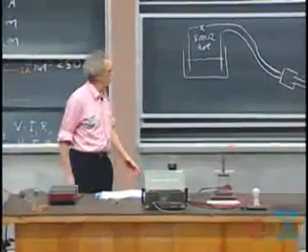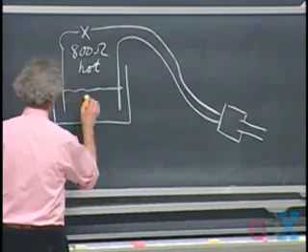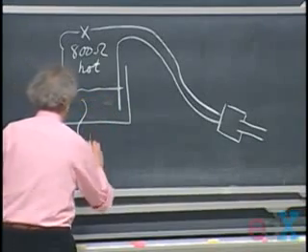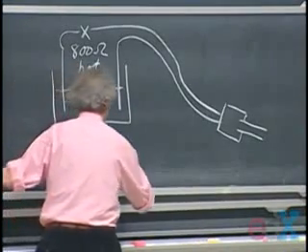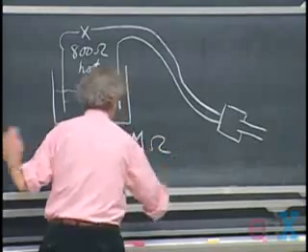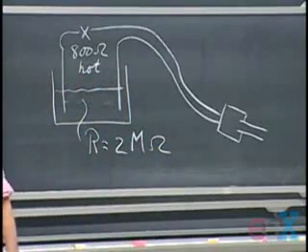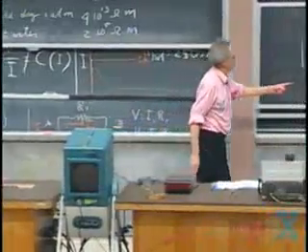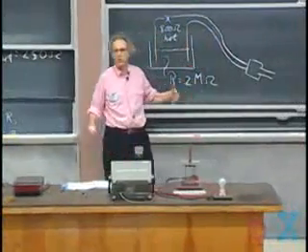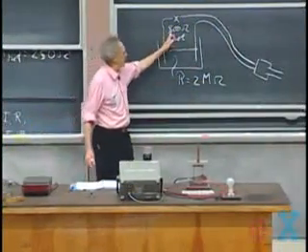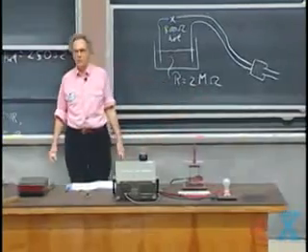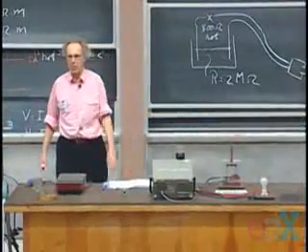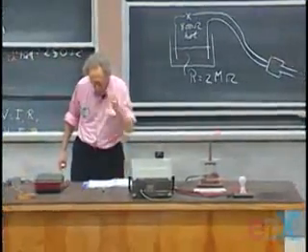I found that this resistance here is about 2 megaohms, 2 million ohms. So when I plug this into the wall, the current that will flow is extremely low because it has to go through the 800 ohms and through the 2 megaohms. So you won't see anything. The light bulb will not show any light.